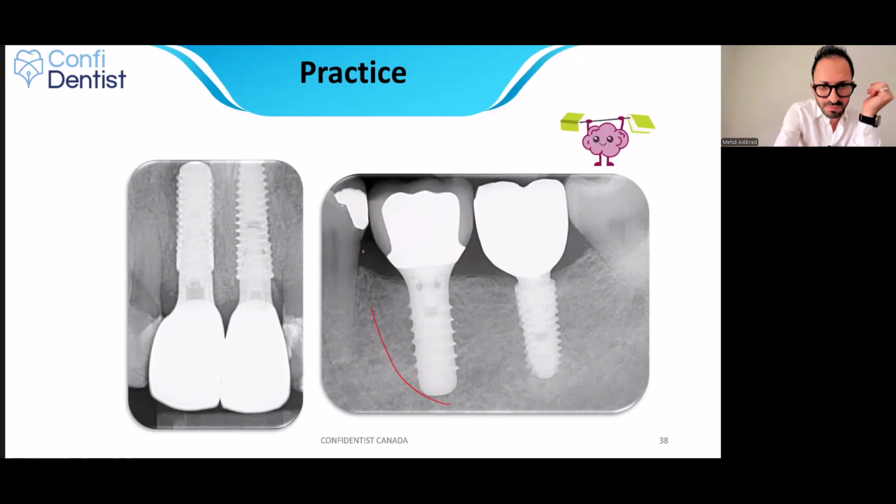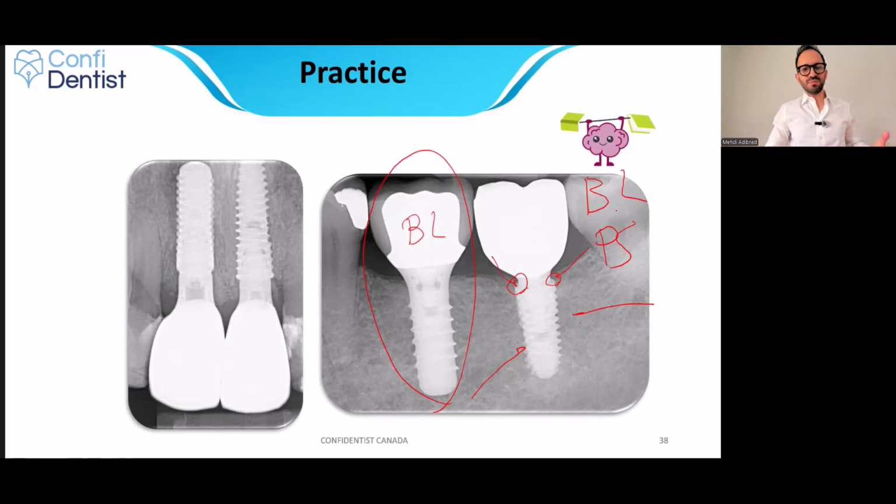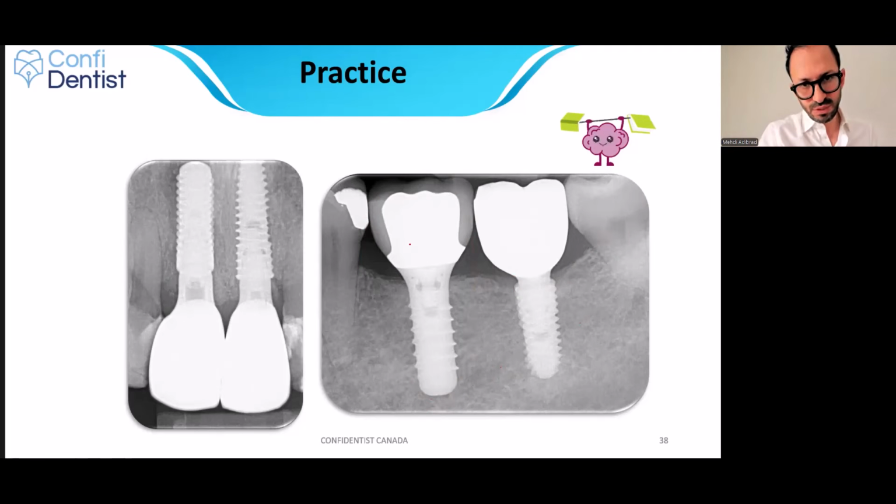Now compare this implant, BL by Straumann, with this implant. Okay, this is Osstem. Look at the platform switching. A bone level implant with platform switching. So when done properly, both implants, they can work very, very successfully. So tissue level, not bone level. Tissue level implant versus bone level implant.